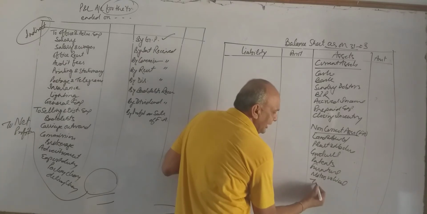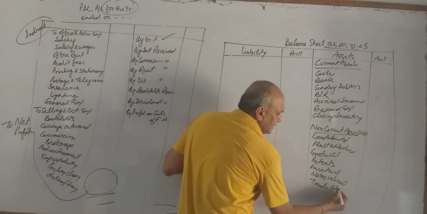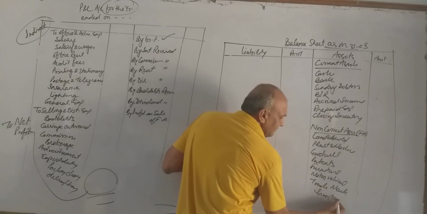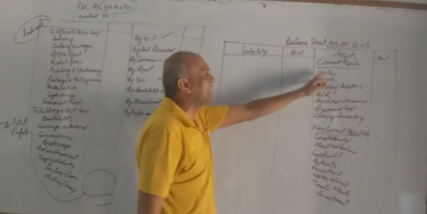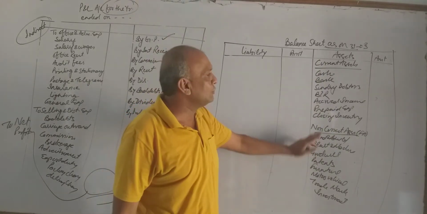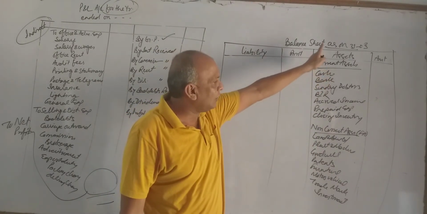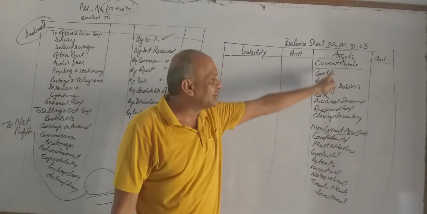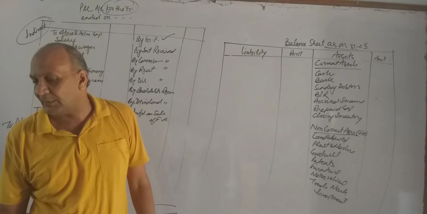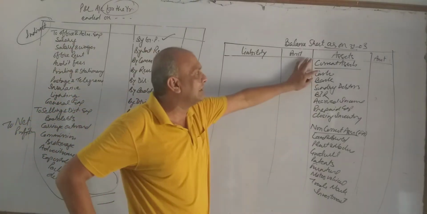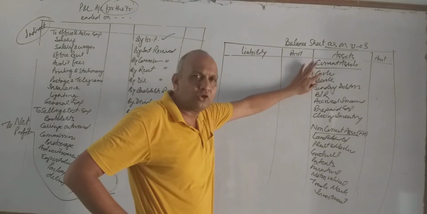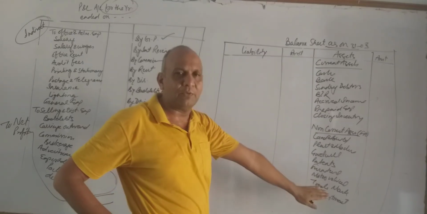Then you can say trademark, investment, which is the money invested outside the business. All these are our assets, current assets and non-current assets. If you see carefully, here we are not showing a single item which is related with expense or income. इसमें से एक भी आइटम आपको ऐसी नहीं मिलेगी जो किससे रिलेट करती हो एक्सपेंस या इनकम से. Neither trading account nor profit and loss account items will come over here.